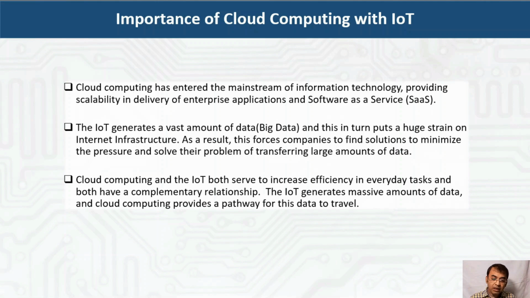As a result, this forces companies to find solutions to minimize the pressure and solve their problem of transferring large amounts of data. Cloud computing and the IoT both serve to increase efficiency in everyday tasks, and both have a complementary relationship. The IoT generates massive amounts of data, and cloud computing provides a pathway for this data to travel.